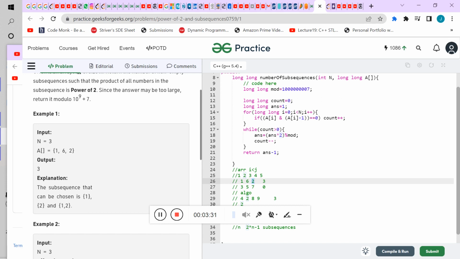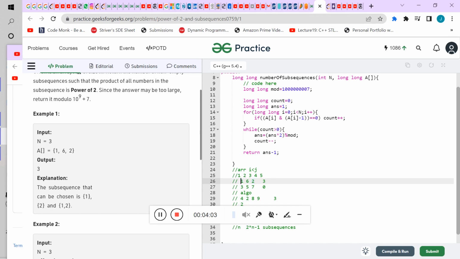Now I have checked all the single elements that may follow the condition. A subsequence may have a single element, a pair, a triplet and any number of elements, as long as it follows the given condition. So I have 1 and 2 as two subsequences.